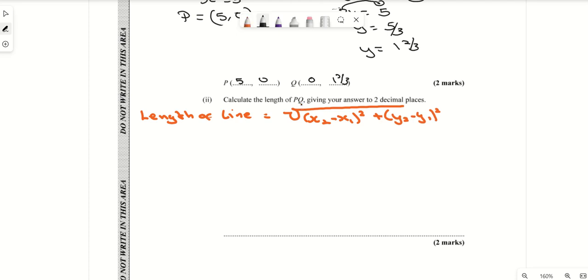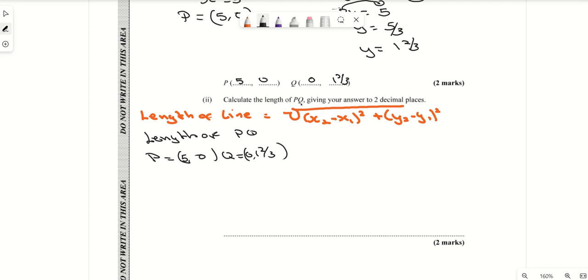So if they want the length of PQ, we're going to use P, which is 5, 0, and Q, which is 0 and 1 and 2/3.